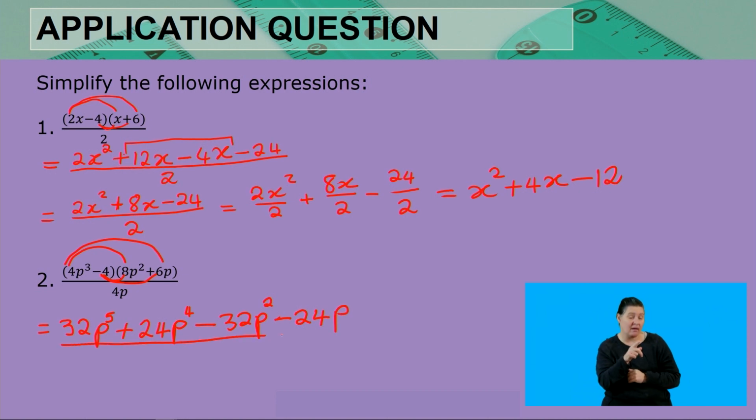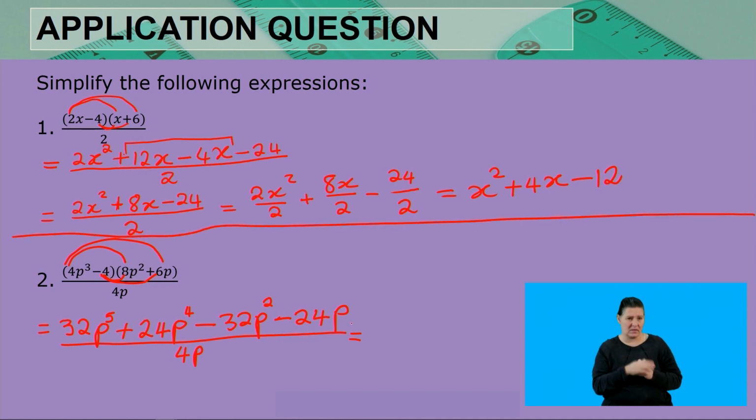Now remember, all of this is divided by the 4p. Now if we look, there are no like terms. But now we are going to take this whole polynomial and we are going to divide it by 4p. What is that going to look like? So we are going to say there 32p exponent 5. Okay, let me create more space here just to make sure we don't run out of space. So let's continue that expression there.